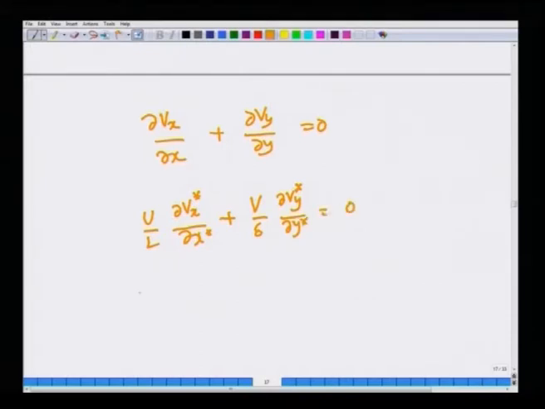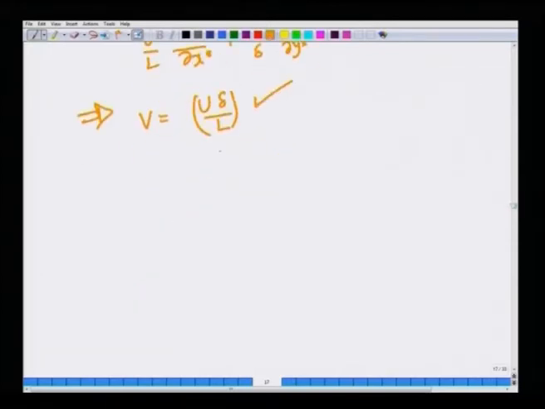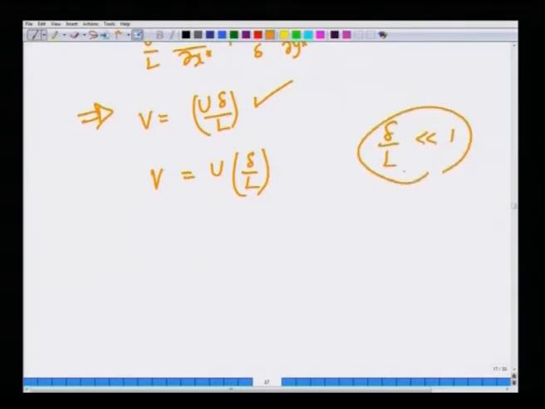So, unless v is u times delta by L, okay, this equation will not be satisfied. So, the continuity equation implies that the scale for velocity is this. Since the boundary layer is very thin, we will show that delta by L is small compared to 1. We can say that the normal velocity is very small compared to the tangential velocity.